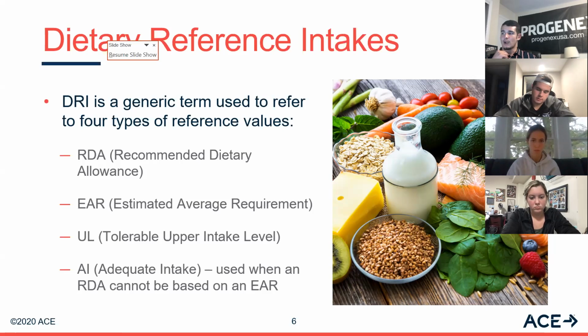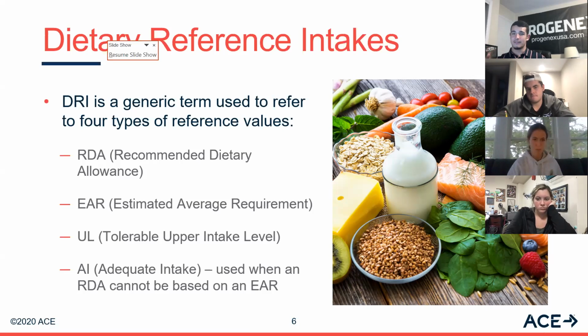The estimated average requirement is the adequate intake in 50% of an age and sex-specific group. If a person's intake falls well below the estimated average requirement, it is likely that the person does not consume enough of the nutrient. If the level is between the EAR and the RDA, then it's likely the client consumes enough of the nutrient, right? Because you have at least half of a likelihood.